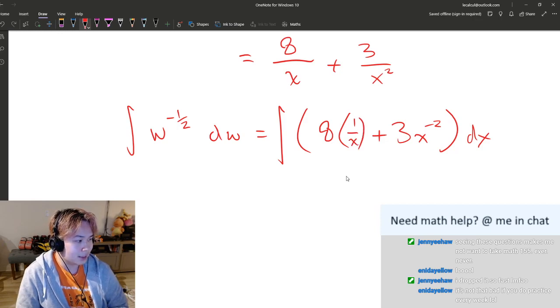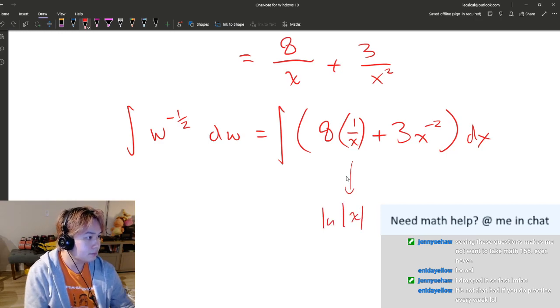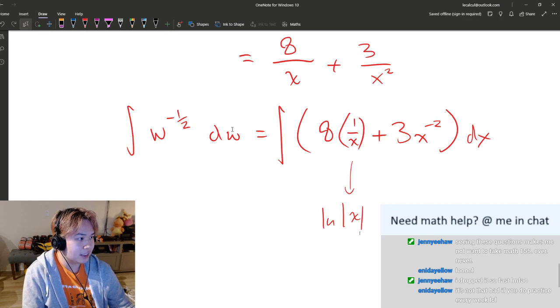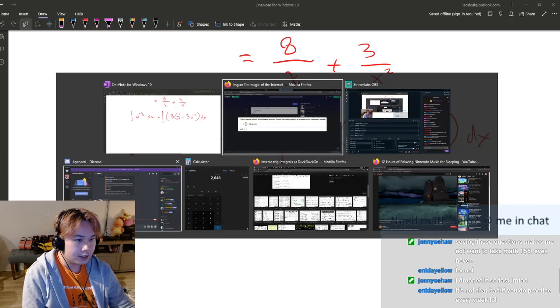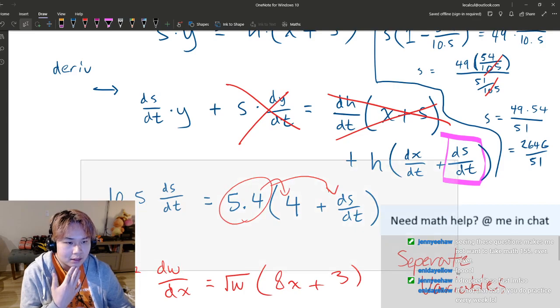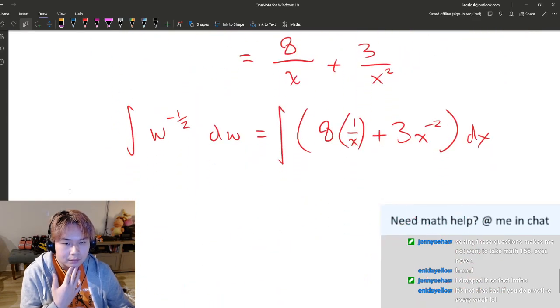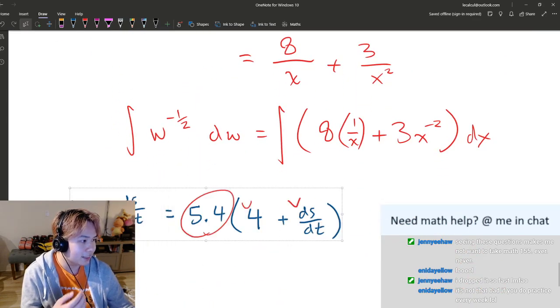The integral of 1 over x is natural log absolute value of x, I think. But okay, this one's easy, that one's easy, and this one's pretty straightforward. And then go from there. Okay, Jenny's still getting this wrong. Or not Jenny, Jazz.